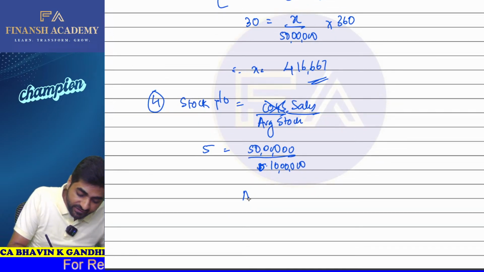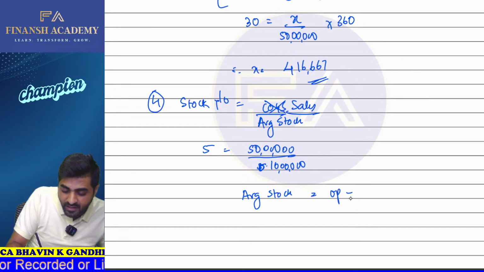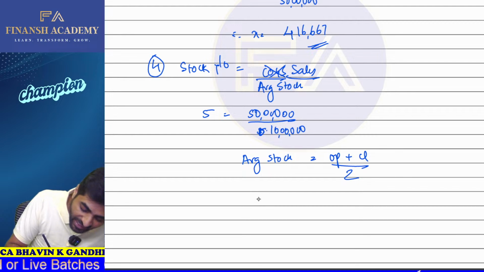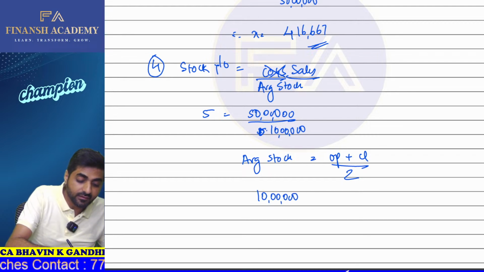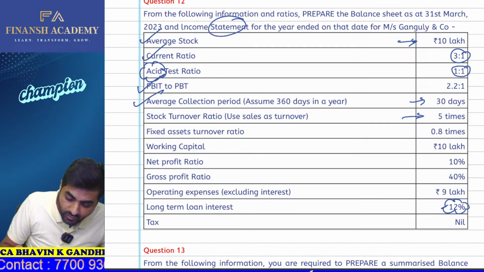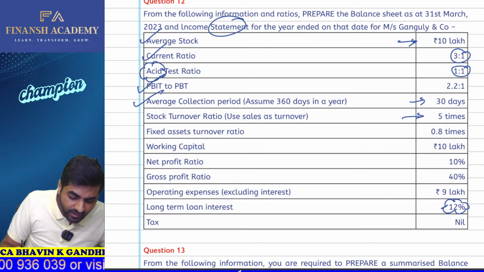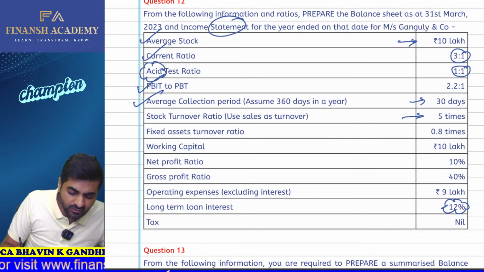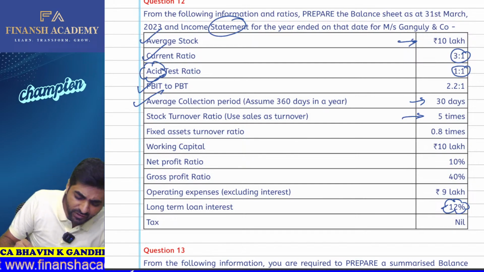What is your average stock? Opening plus closing divided by 2. So I have the average stock figure of 10 lakh. And in this question, no other data is given to you. Okay, so we'll wait for the stock to be calculated.